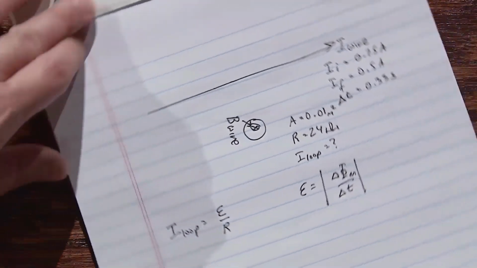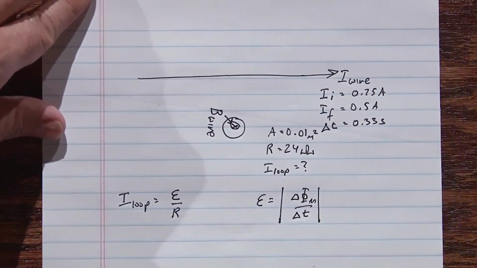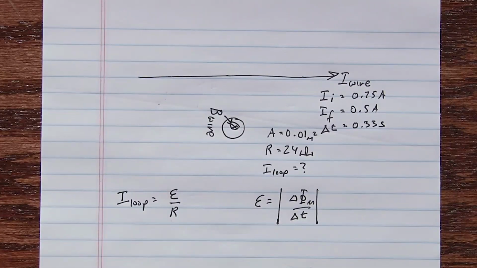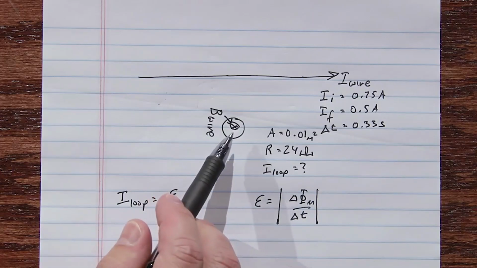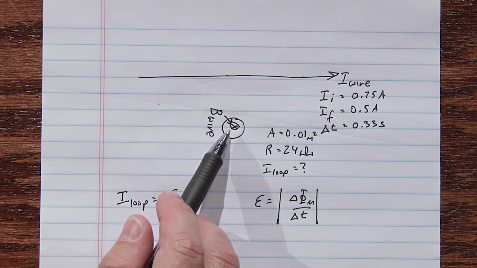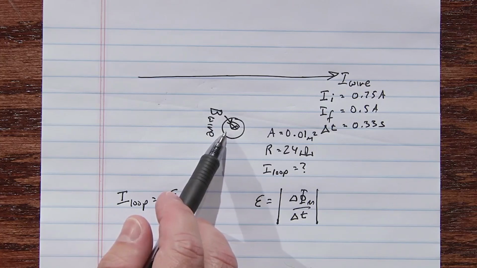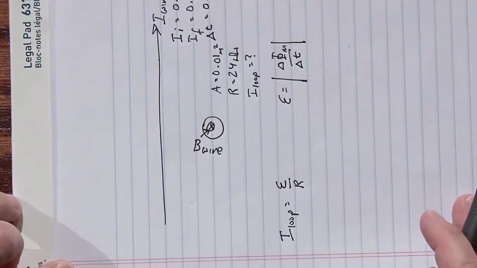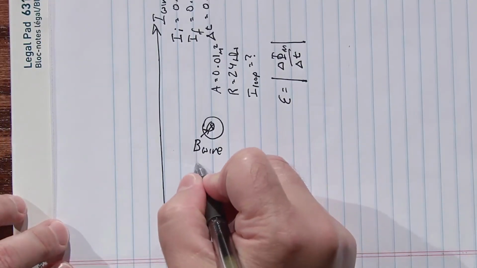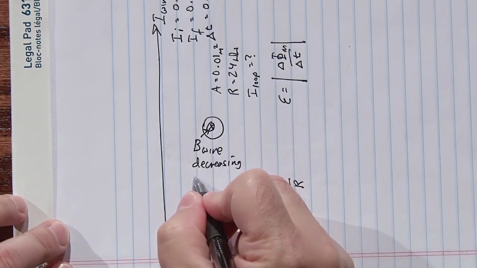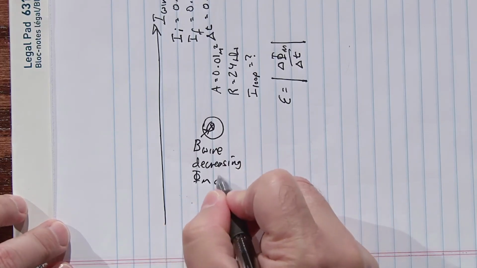Now, as the current in this wire changes, B wire changes. It decreases. And that means that, according to Lenz's law, there will be an induced current in the loop that fights the change of the magnetic flux. So B wire, I'll turn my page around again, B wire is decreasing, and so phi m is decreasing.